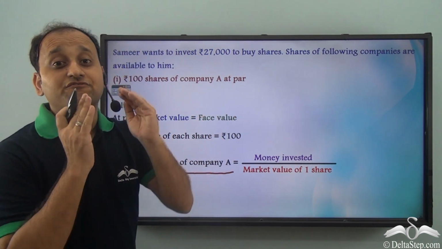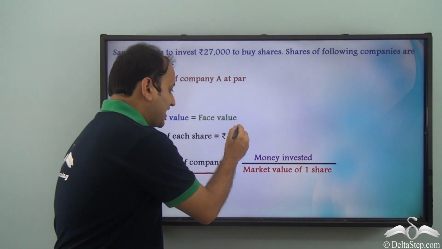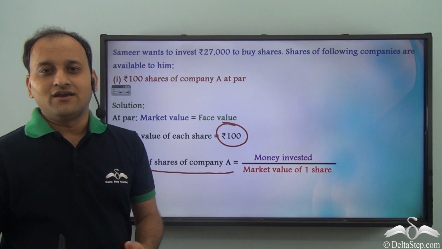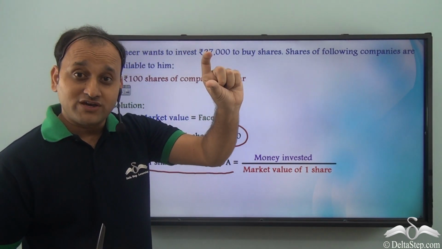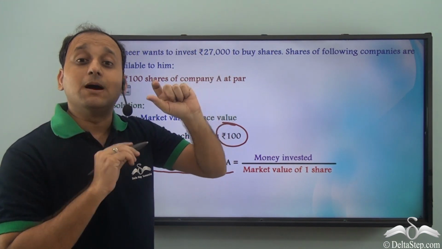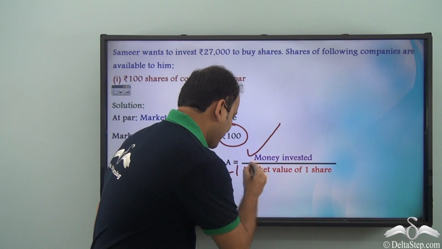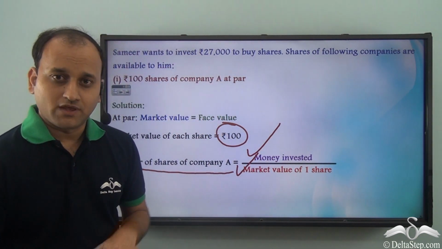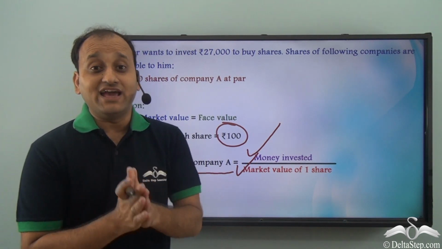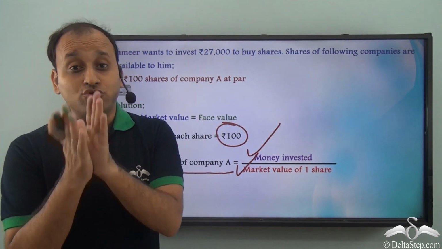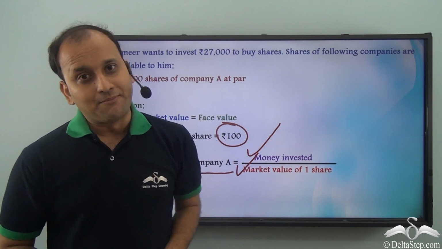Whenever we have a fixed amount to invest and we have the market value of the share, then we'll simply divide the amount to invest by the market value. So money invested by market value of one share. When you divide money invested by market value of one share, you will get the number of shares which you can buy for a particular amount.